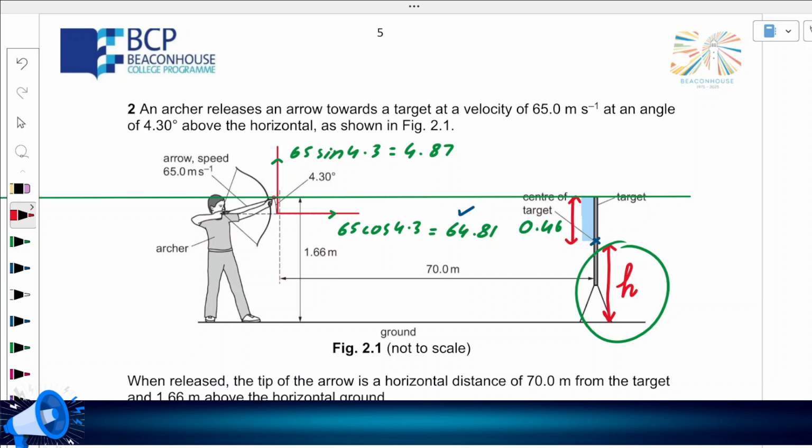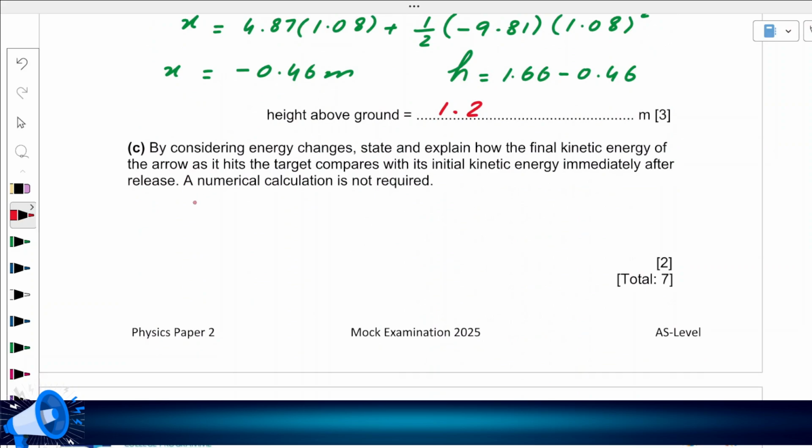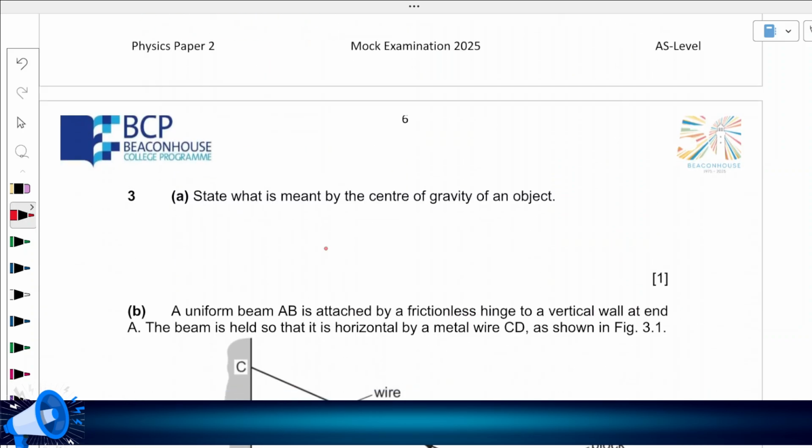Since one form of energy is decreasing, it is being converted into kinetic energy. So GPE decreases, and that decrease in gravitational potential energy must correspond to an increase in kinetic energy. And you can write this in the description.